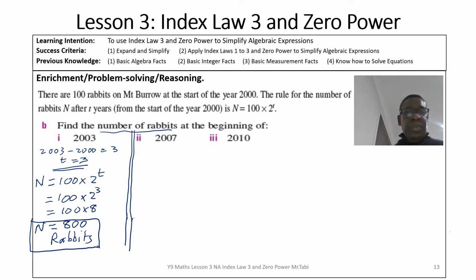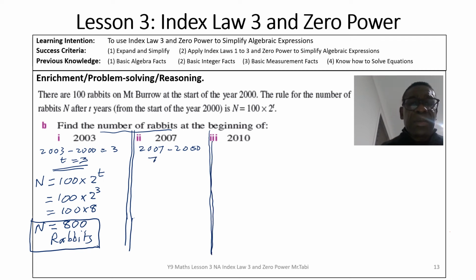Right. Let's look at the next one. So here we are looking at 2007. Now, at 2007, because we started from 2000, so 2007 minus 2000 gives us 7.